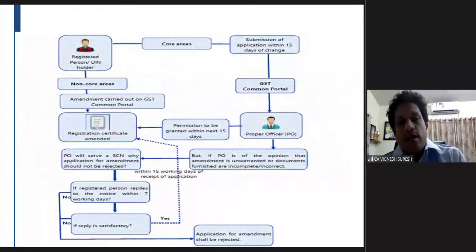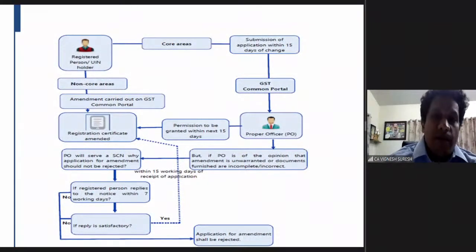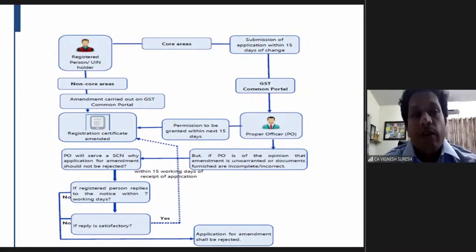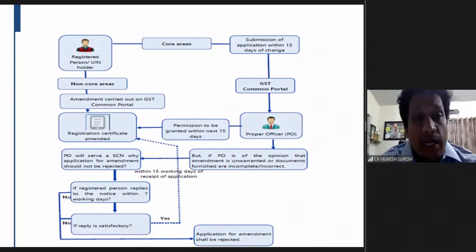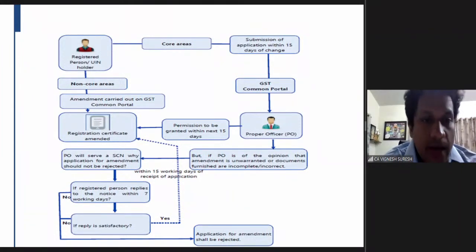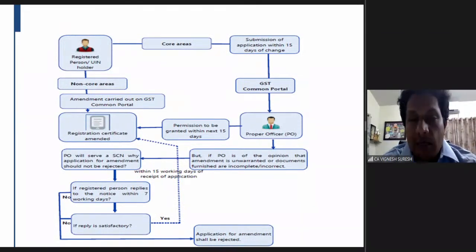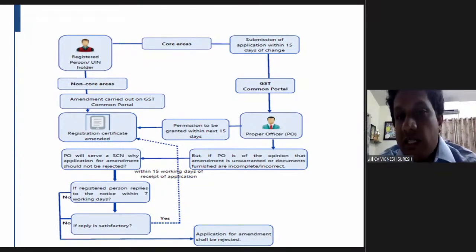If you look at a flow chart of how the amendment has to happen, let us look at the non-core area first. In case of an amendment to be carried out in the non-core areas, the registered person has to file for the amendment. Then the registration certificate is automatically amended. There is no requirement of any approval to be given by the proper officer. But with regard to the core areas, he has to submit an application within 15 days of the change.